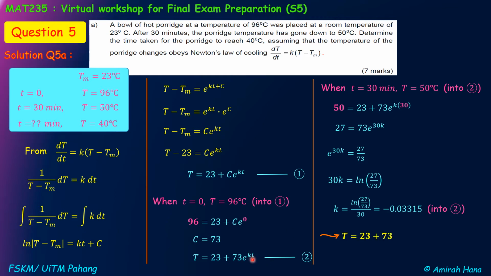So we have temperature equals 23 plus 73 e to the power of negative 0.03315 t, where we replaced k. After that, we name it equation 3.